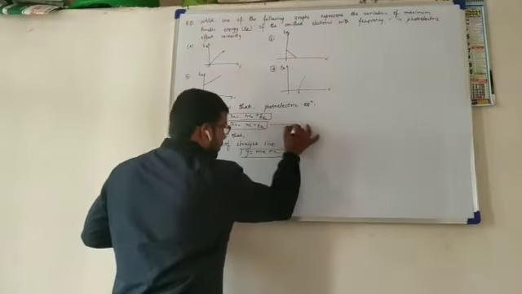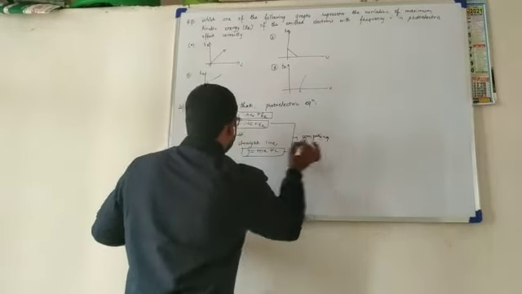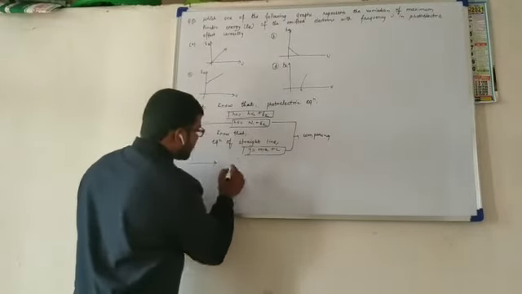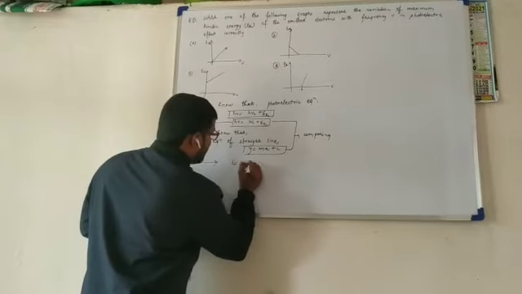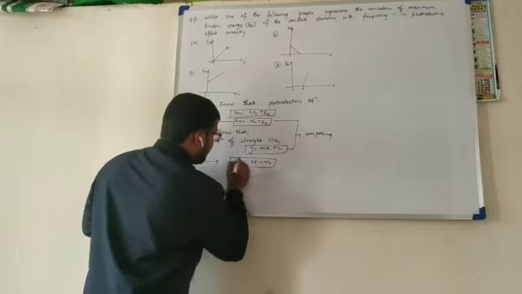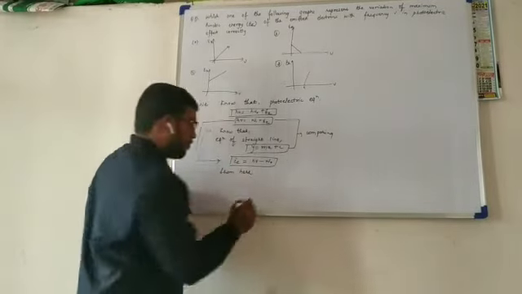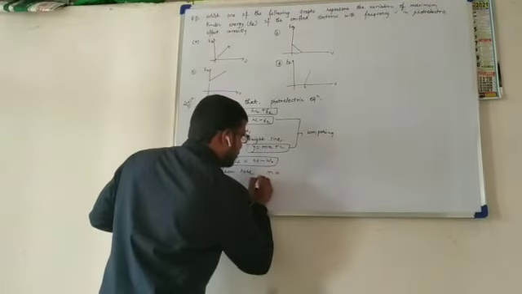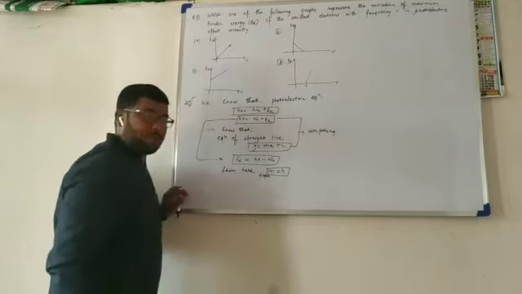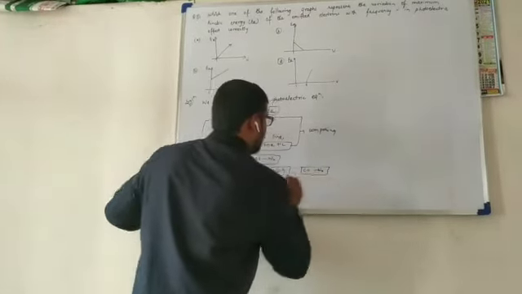By comparing these two equations, first of all I will write the photoelectric equation in this form: kinetic energy equals h nu minus work function. So from here the value of the slope will be h and the value of the intercept will be c equals minus of the work function.